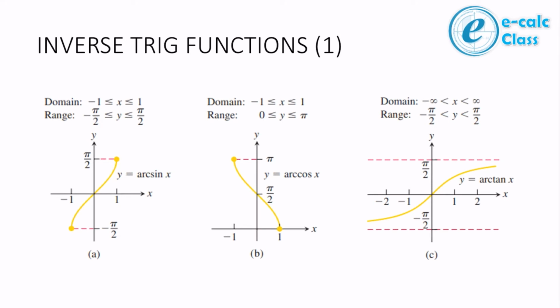As you learned in your function chapter, in order to make a trigonometric function injective, or one-to-one, so that it will have an inverse function, we need to restrict the domain of x, right?